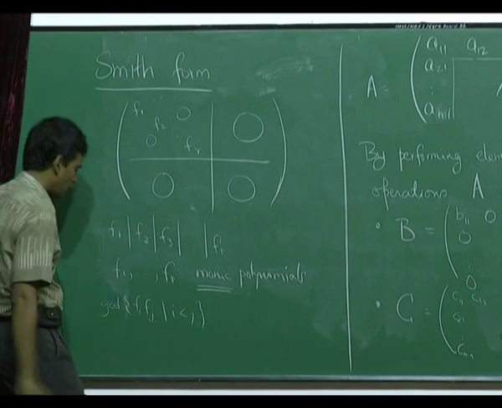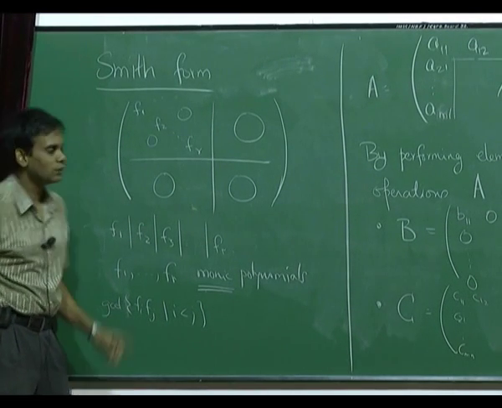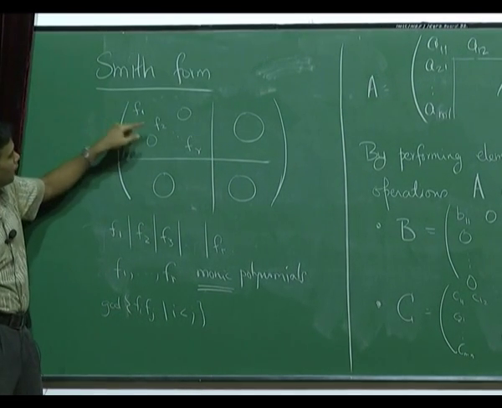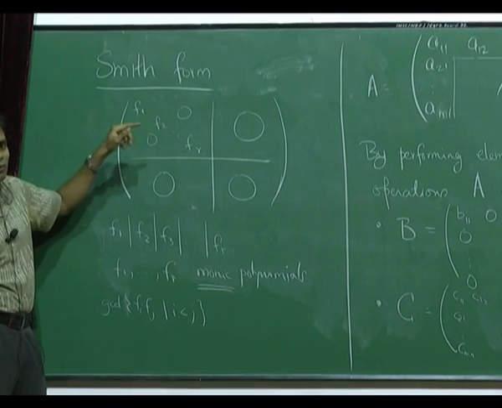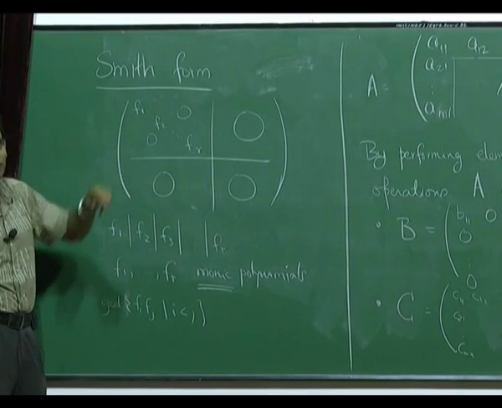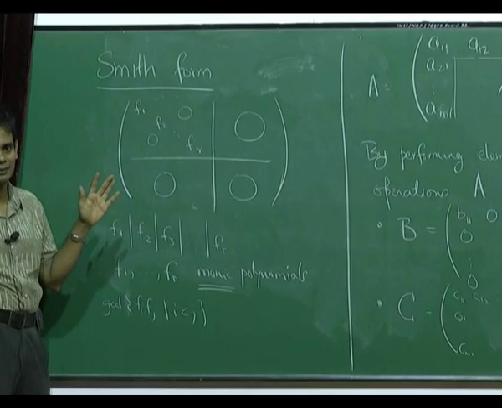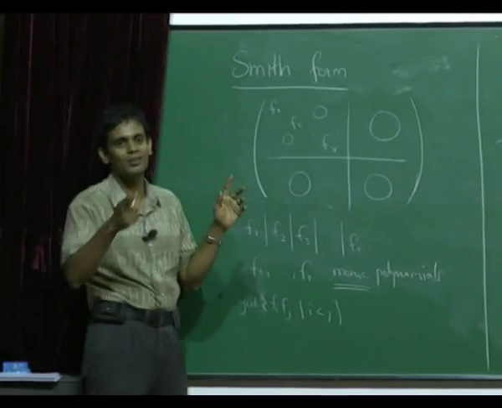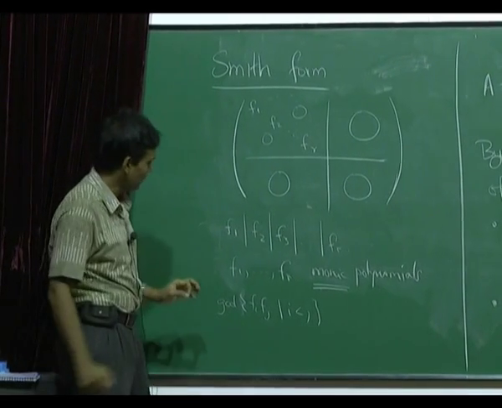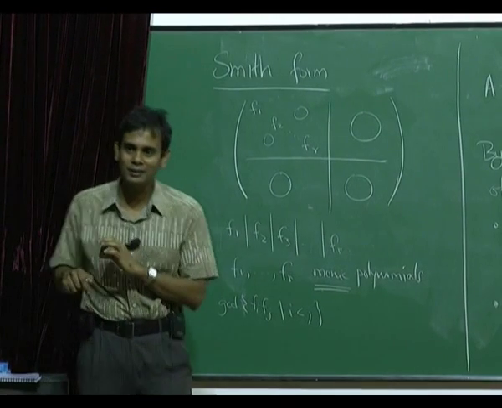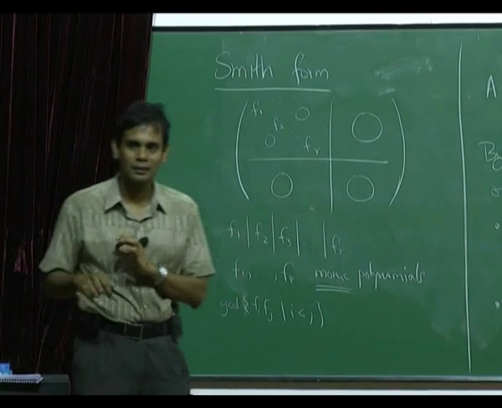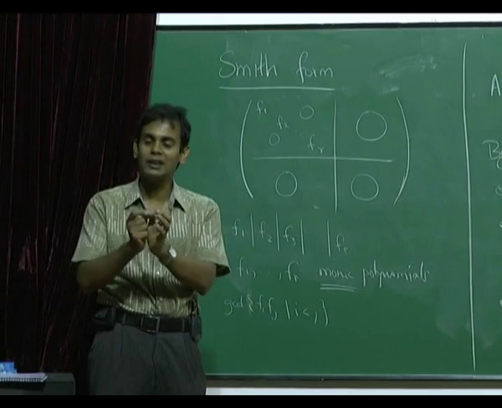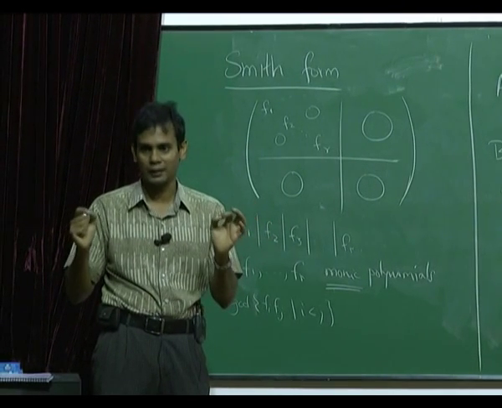It is the GCD of all these things. So, it is the GCD of F1 F2, F1 F3, F1 F4, F2 F3, F2 F4 and all these pairs.